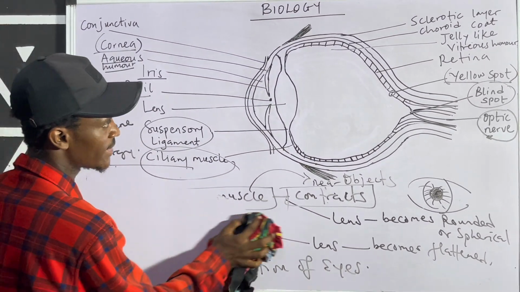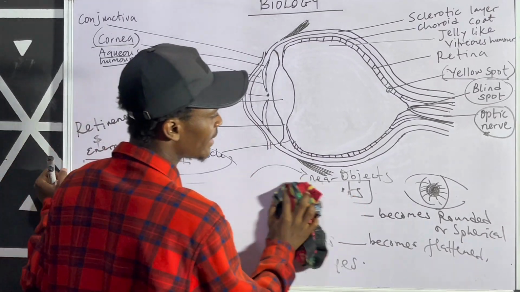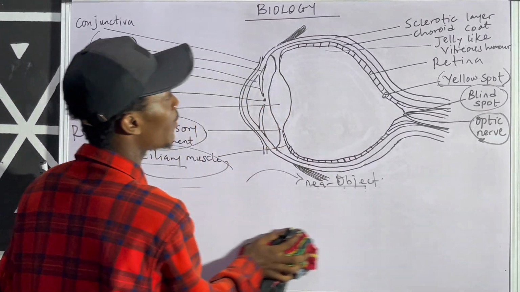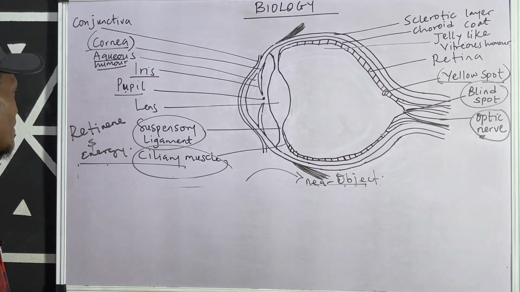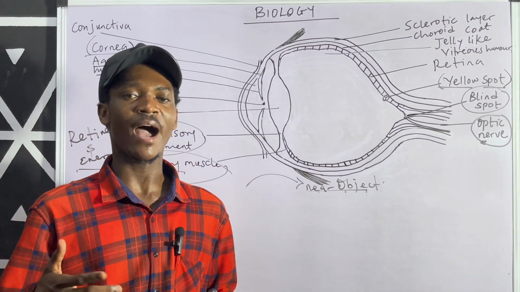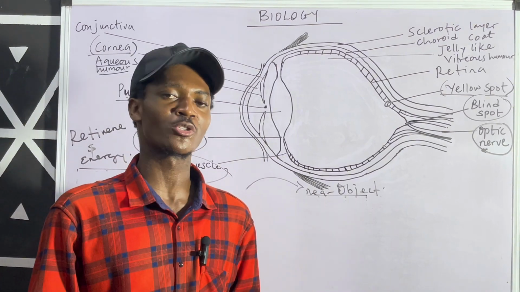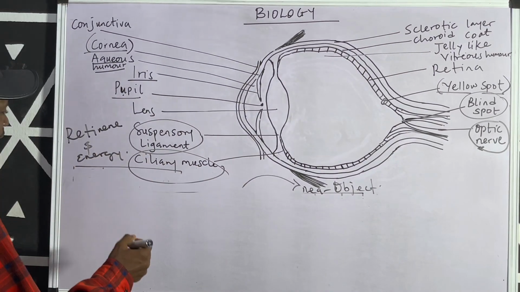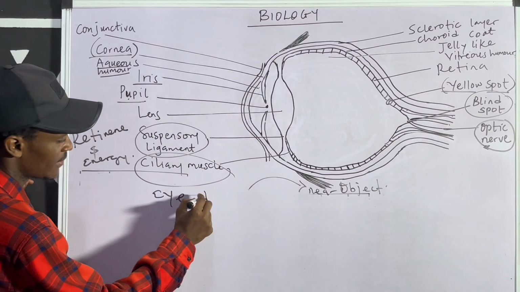Then let's forge ahead to looking at some eye defects. When we say eye defects, we are referring to things that may happen to the eyes so that the eyes are not functioning properly. Let's see some of the eye defects.